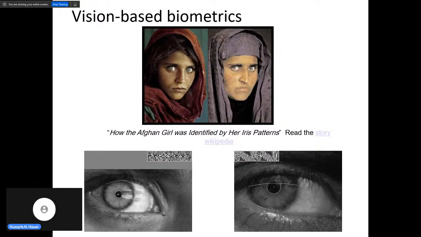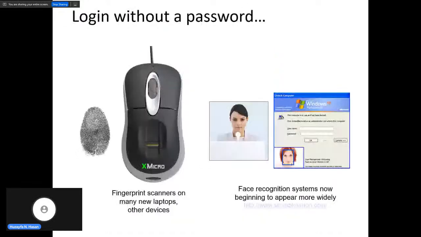So National Geographic went to Afghanistan, to the place they took the photo, because they didn't know the name of the girl, the tribe, anything about her except the place they took the photo. When they reached there, a lot of people with green eyes claimed to be that girl, but they used vision-based biometrics to exactly find the person they needed, not the people who said we are her.